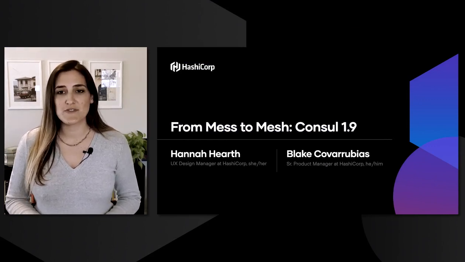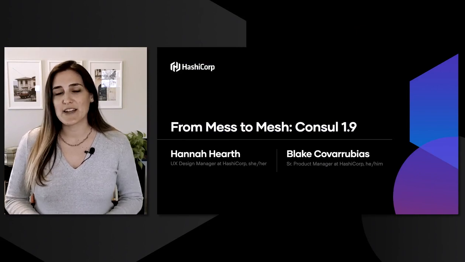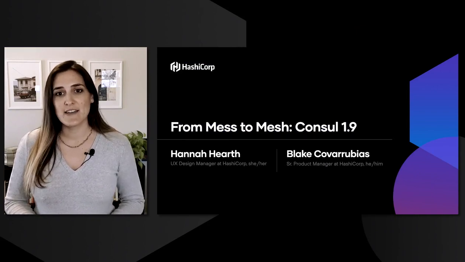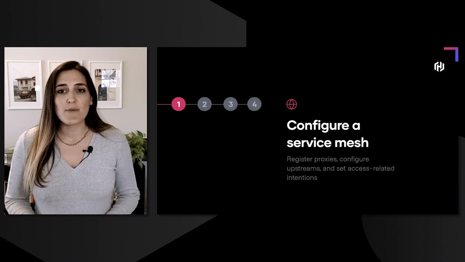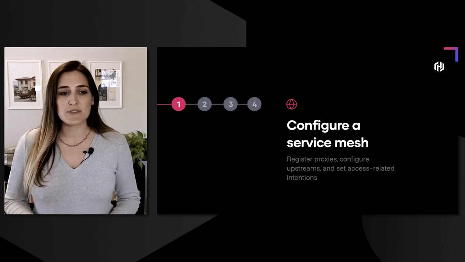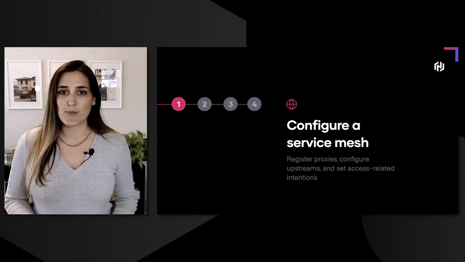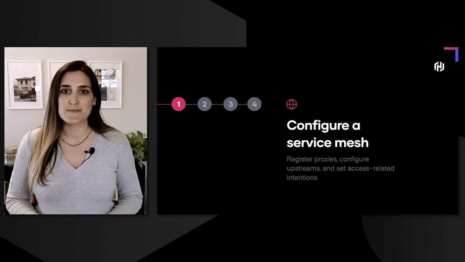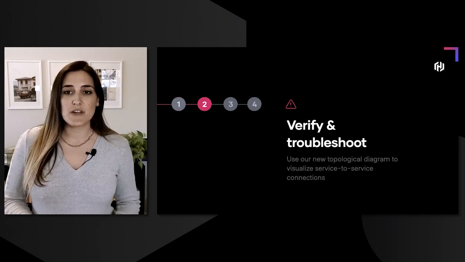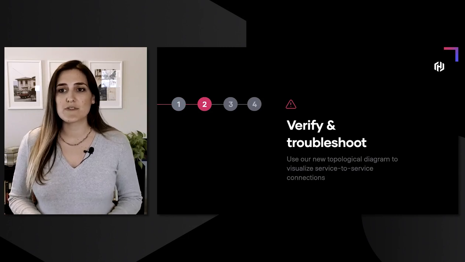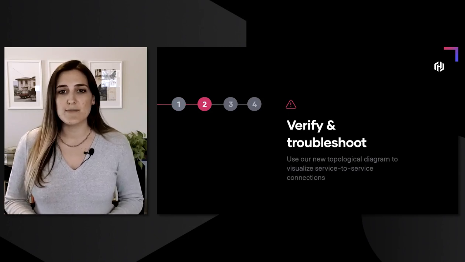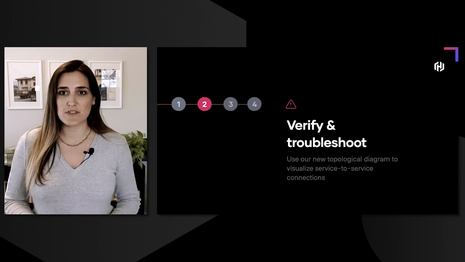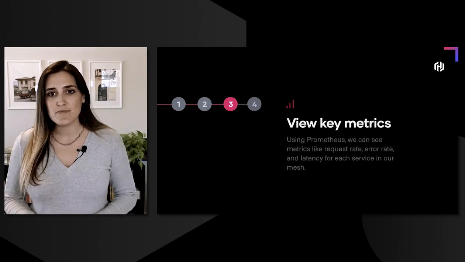And those new service mesh features are exactly what Blake and I are going to dive into today. To kick things off, I'm going to briefly review how to set up a service mesh in Consul by registering proxies, configuring upstreams, and setting up access between services. Then I'll move into the new stuff, where I'll show you our brand new service mesh topological diagram that will help you visualize your service-to-service connections.